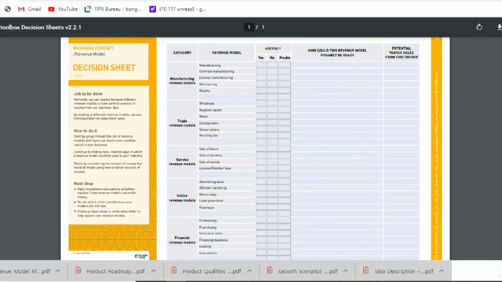Now, the second one is what we call a trade revenue model. Trade revenue models are things like your wholesale. Are you going to be a wholesaler, or are you just going to be a distributor as a regional agent, or are you going to send your product straight to retail, or are people going to have to subscribe in order to get your product, and are you going to charge them some handling fees?